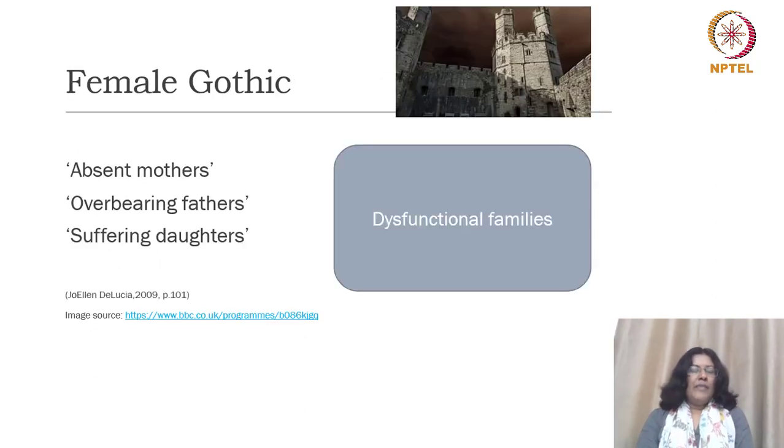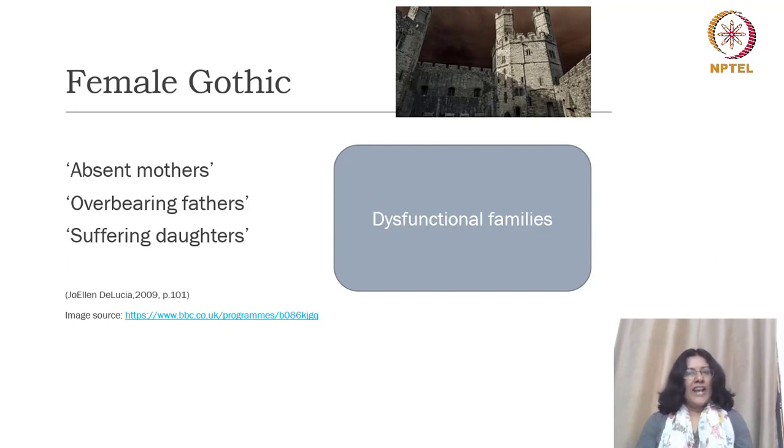Now, the female Gothic is a type of Gothic in this genre, and some of the key aspects of female Gothic are absent mothers, or mothers who quickly die or are killed off.